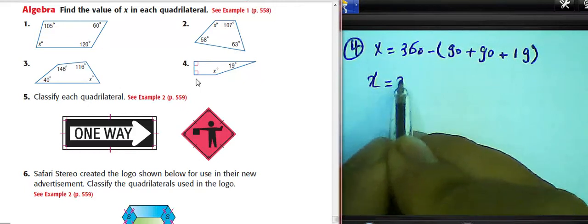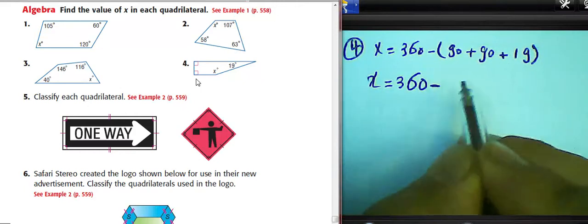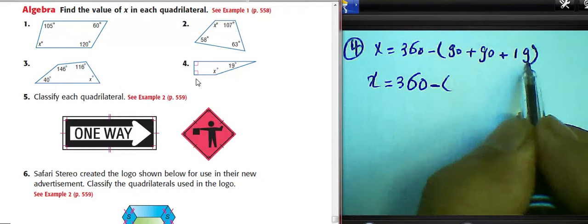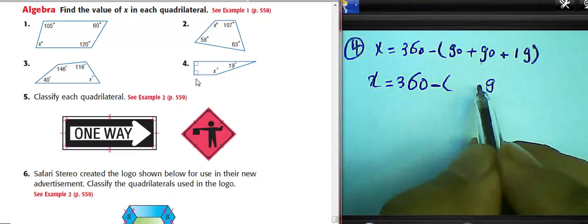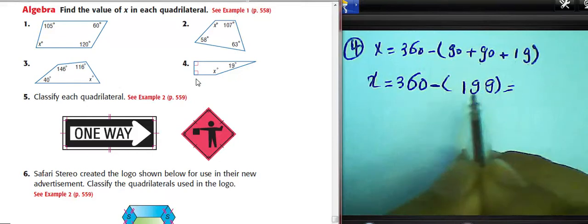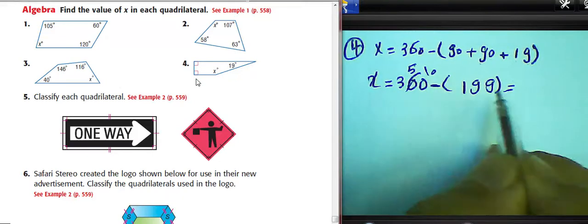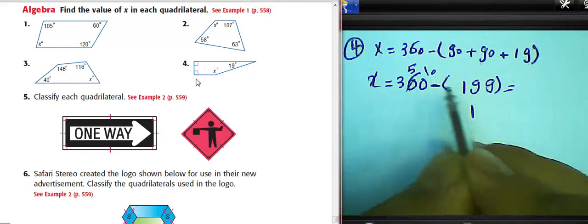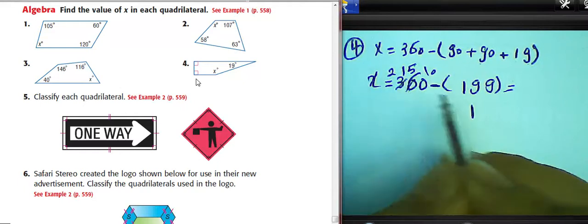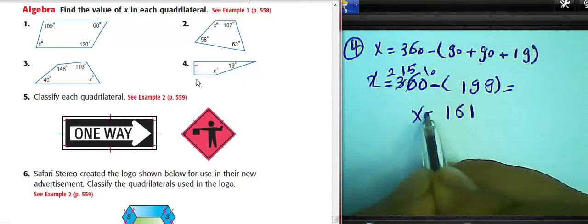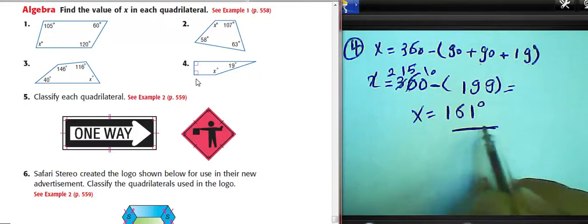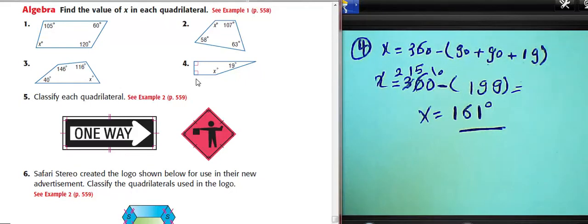X will be 360 subtract the sum of them: 9 plus 0 equals 9, 1 plus 9 is 10, 10 plus 9 equals 19. Then 10 minus 9 equals 1, 5 minus 9, we can't do it, we borrow 1, 15 minus 9 equals 6, 2 minus 1 equals 1, and then the measure of the angle will be 161 degrees.